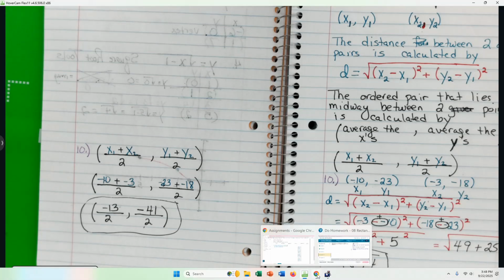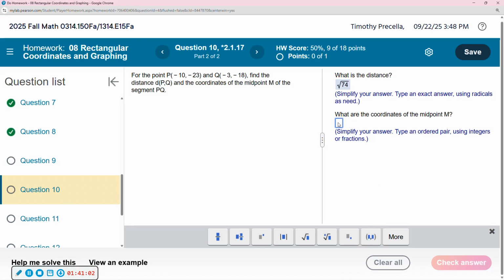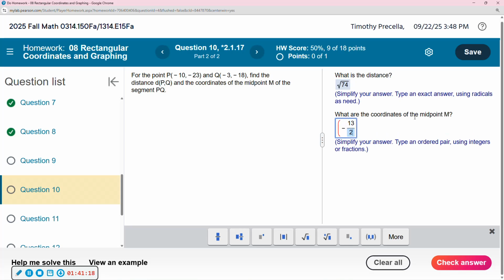Make sure it says type an ordered pair. Do you see that? So I thought they gave you the parentheses. They might do that for number 9, though. It's a different one. So it's negative 13 over 2. Get out of the denominator before you type your comma.